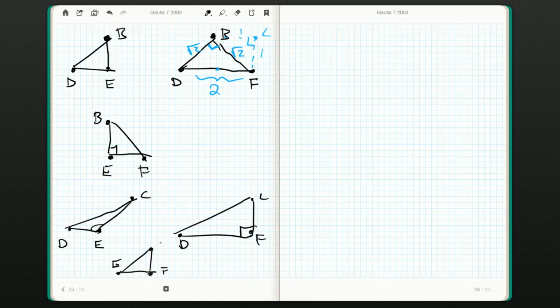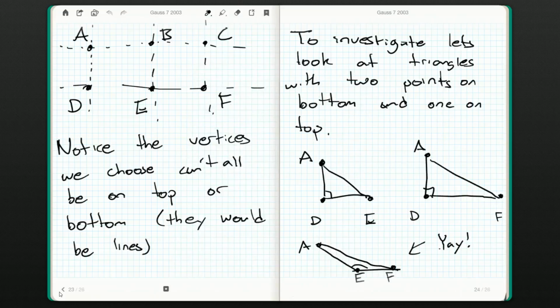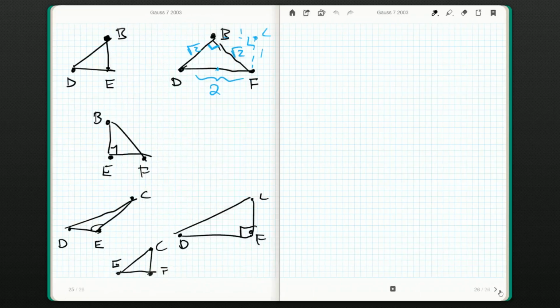But these are exactly the same triangles we saw on the other side with A. They're just flipped around. And we can get a similar situation by flipping these ones not across a vertical line, but across a horizontal line. Then we'll have triangles with 2 points on the top and 1 on the bottom. So we could make an argument about flipping, but really this didn't take that long. We exhausted all our possibilities.